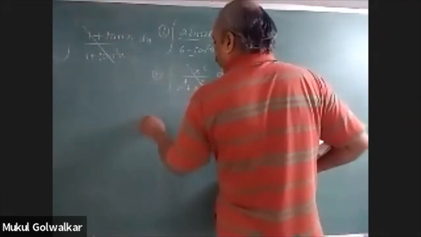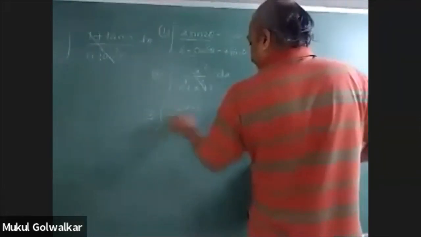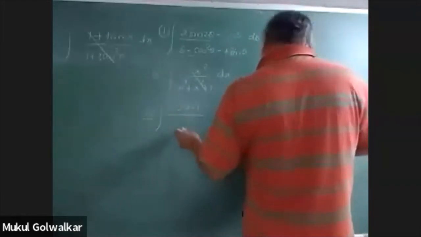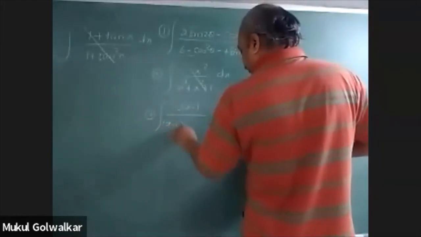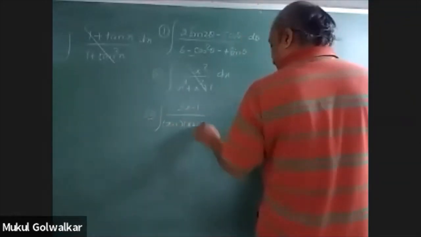This question number 2 you are writing as 2x minus 1 divided by x minus 1 into x plus 2 into x minus 3.